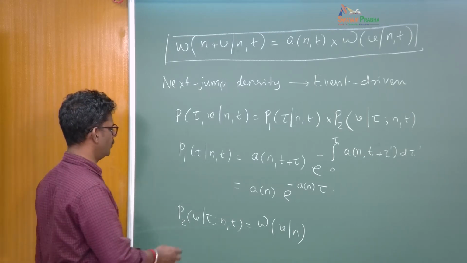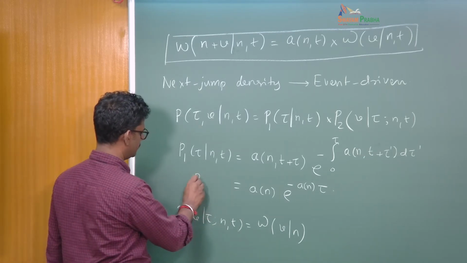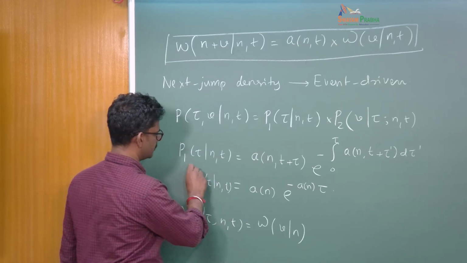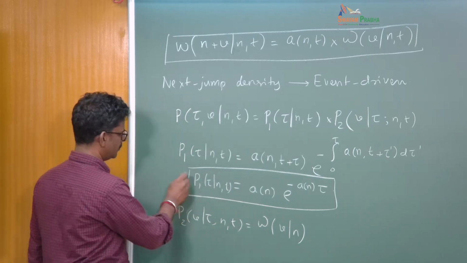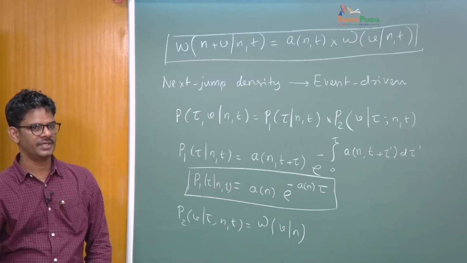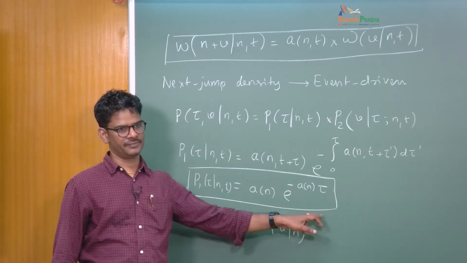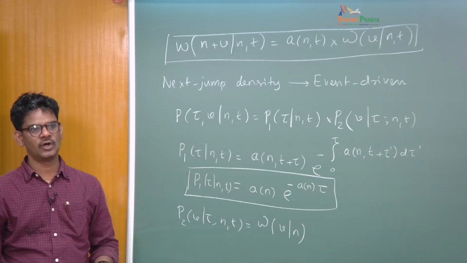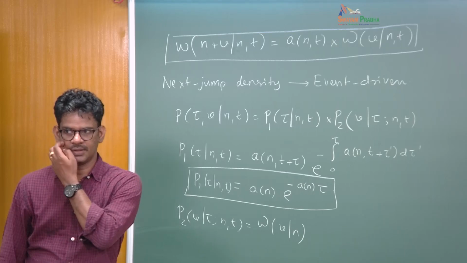Now, especially if you look at this particular formula, the next jump time is an exponentially distributed random variable. If you recollect, we talked about various kinds of algorithms to generate random numbers.